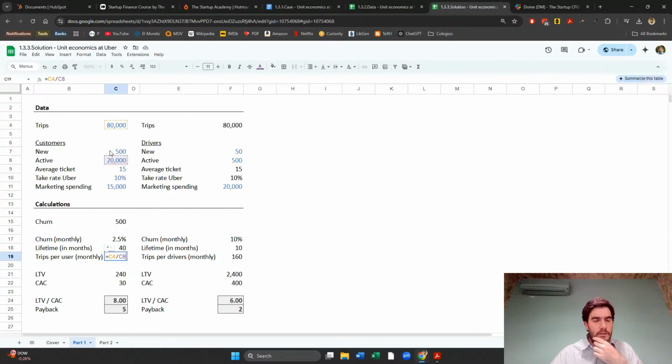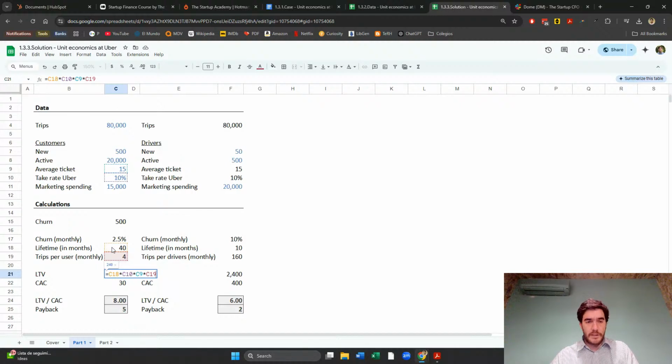The average customer, if there are 80,000 trips and there are 20,000 active customers, travels 4 times per month. What does this mean? It's a long multiplication. During 40 months, in each month the customer is going to do 4 trips of 15 euros, and Uber is going to keep 10% of that.